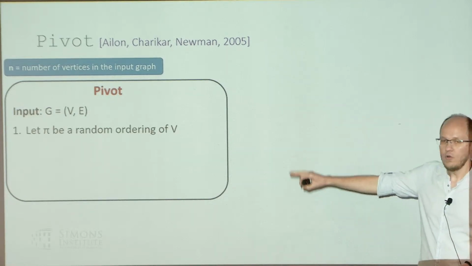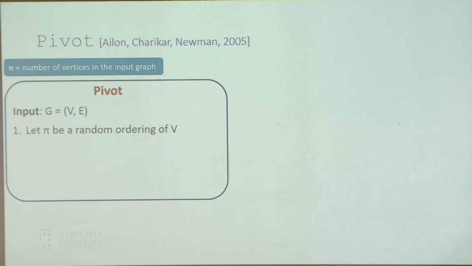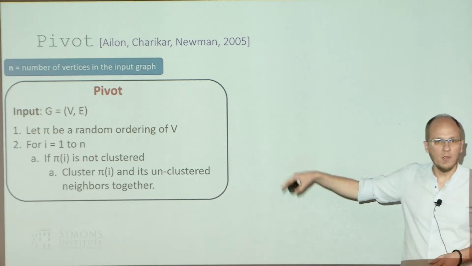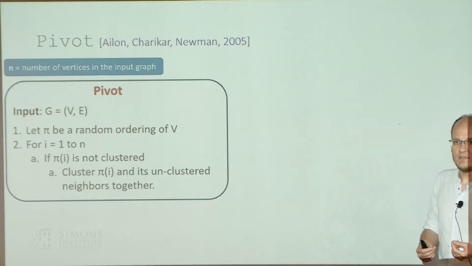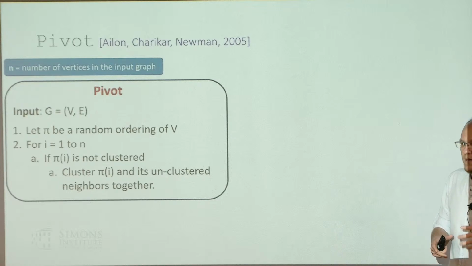It first orders the vertices of the graph randomly, a uniformly random permutation of all the vertices. And then it visits vertices one by one. If a vertex is not clustered yet, it takes that vertex together with its unclustered neighbors, puts them in the same cluster, and this is just repeated. Okay, so that's it.